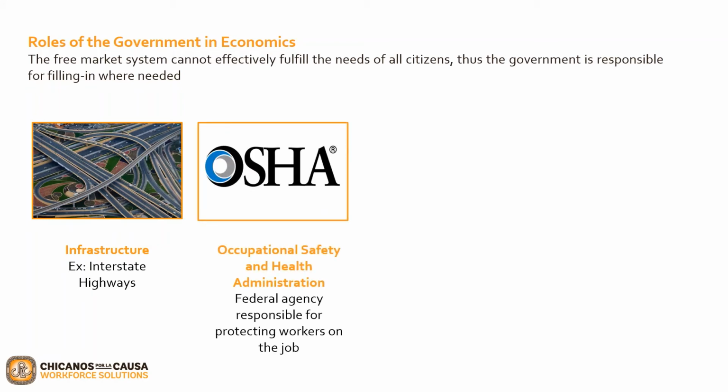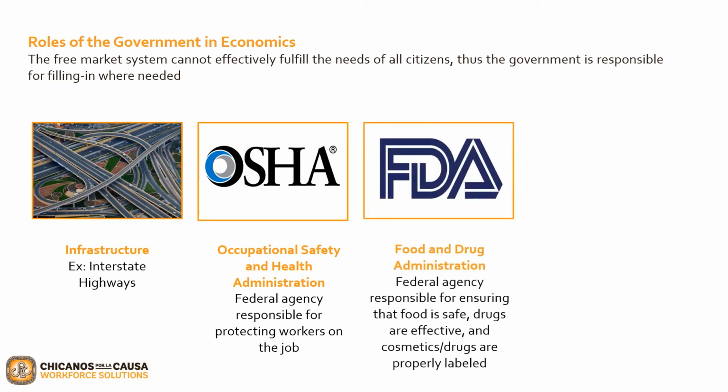Let's move on to OSHA, which stands for Occupational Safety and Health Administration, which is a federal agency that is responsible for the protection of workers on the job. Next, the FDA. This is something that you've probably heard of.